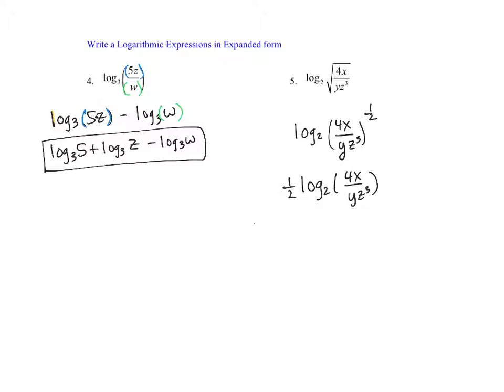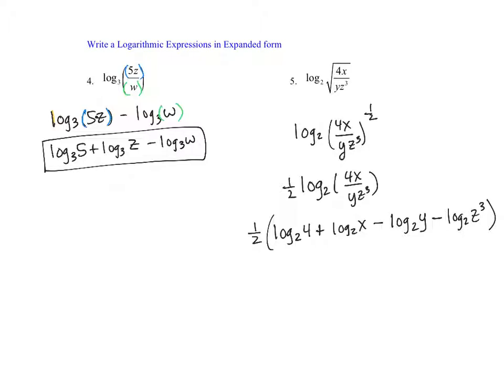Okay, so now I'm going to take 1/2 times log base 2 of 4 plus log base 2 of x, and then subtract log base 2 of y, and then that z cubed is also in the denominator, so I need to subtract that as well. Log base 2 of z cubed.